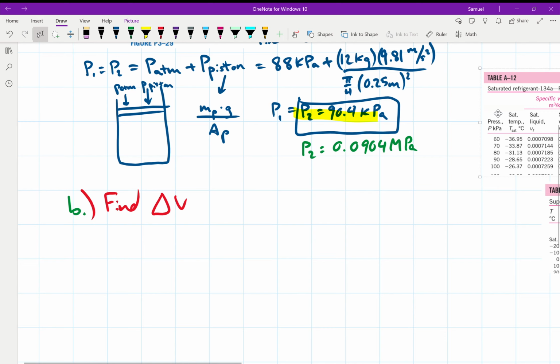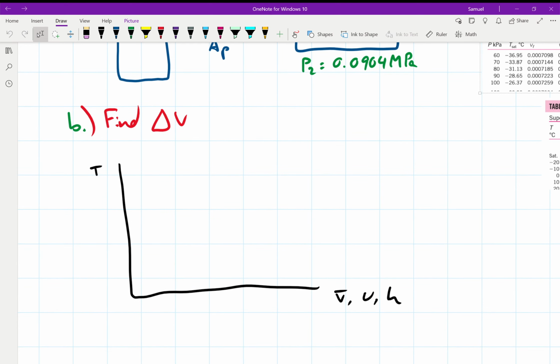What we're going to look at is this diagram that we've looked at in class before, where we relate our temperature to either our specific volume or the internal energy or our enthalpy. This is the shape that we look at for any of these graphs, with mixtures falling under this dome. And the piece that I'm going to focus on here is right here with the saturation temperature.